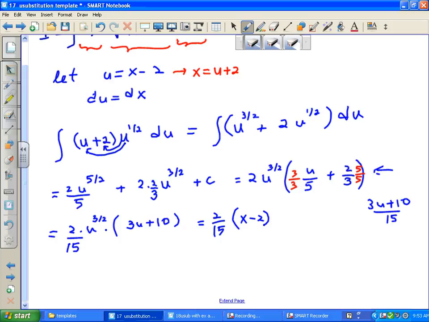You could leave it right there under 3u plus 10, or you could just write it up front. Either one would work. This is like saying if you have 2 times 3 over 15, could you write it as 2 over 15 times 3? Because this side is 6 over 15, and this side is 6 over 15. We can certainly do that, right?